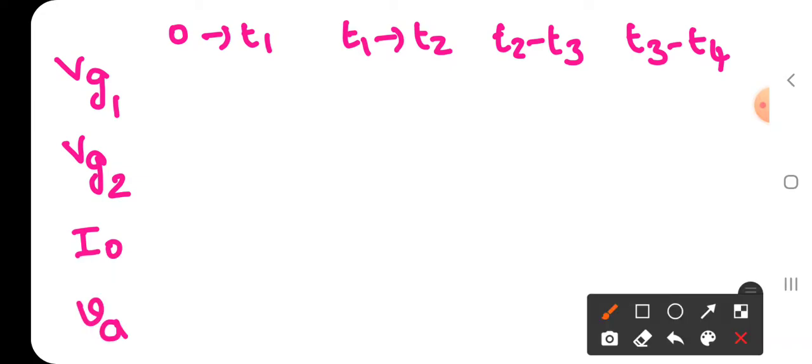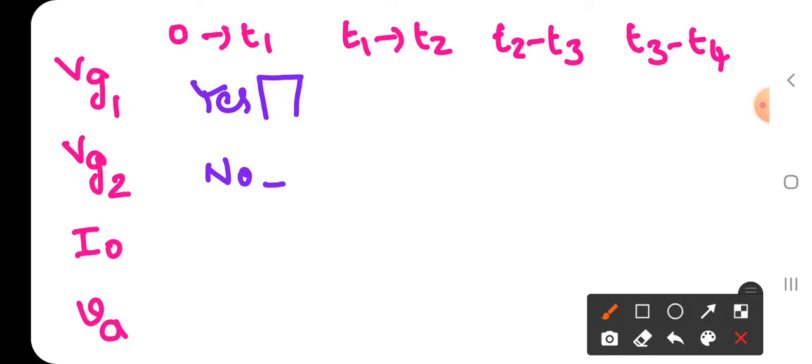First VG1. Are we giving any gate pulse to chopper 1 during 0 to T1? Yes, we are giving. So here VG1 is given. VG2 is no, that means 0. Do remember.